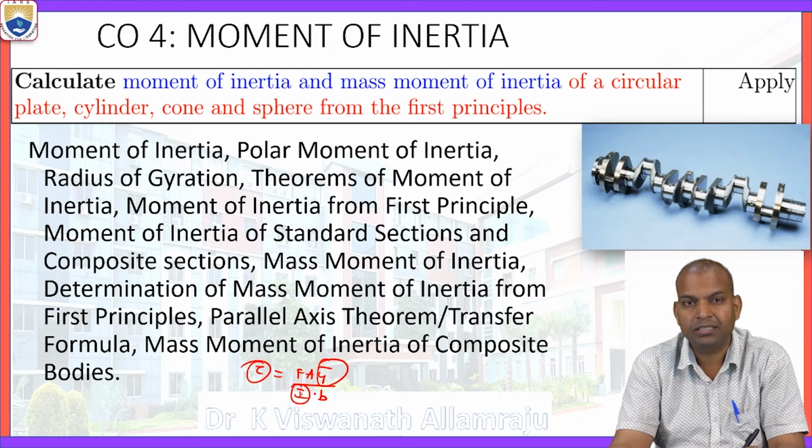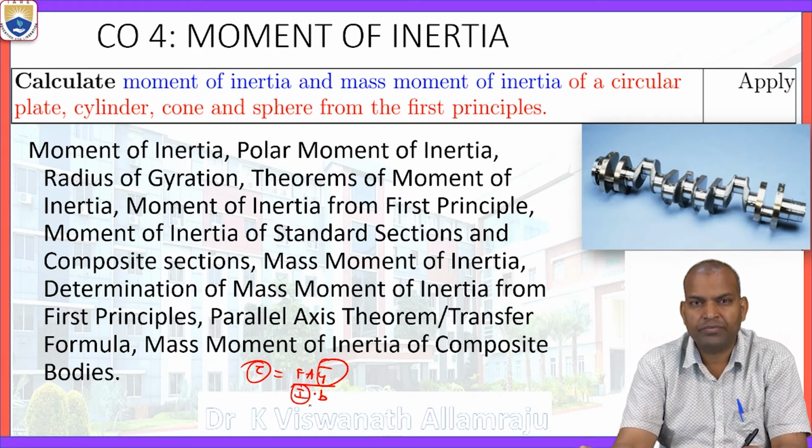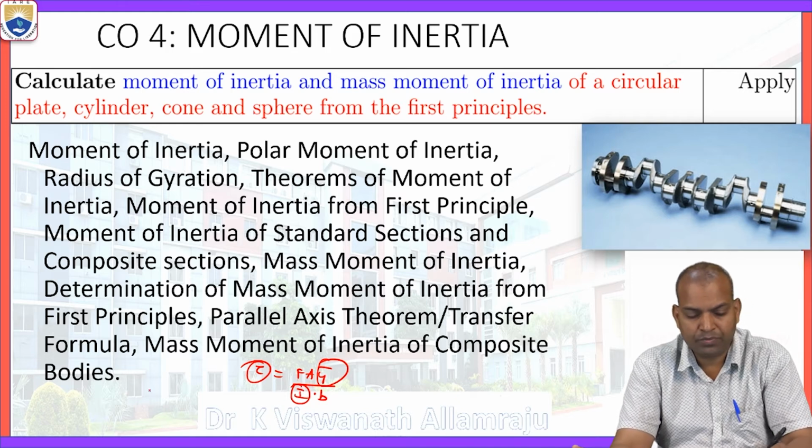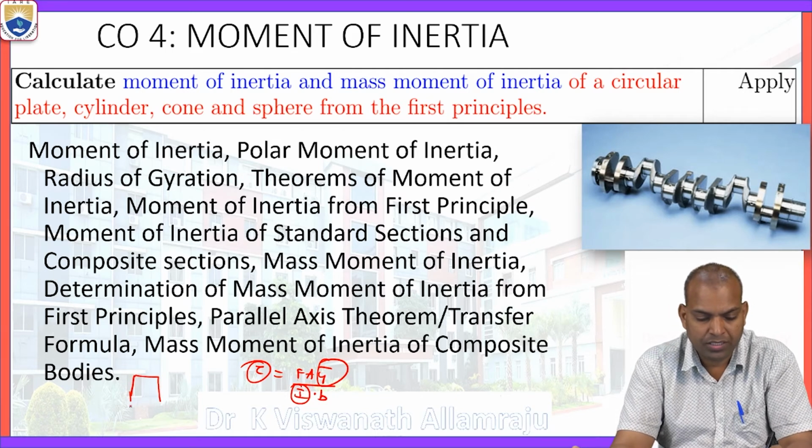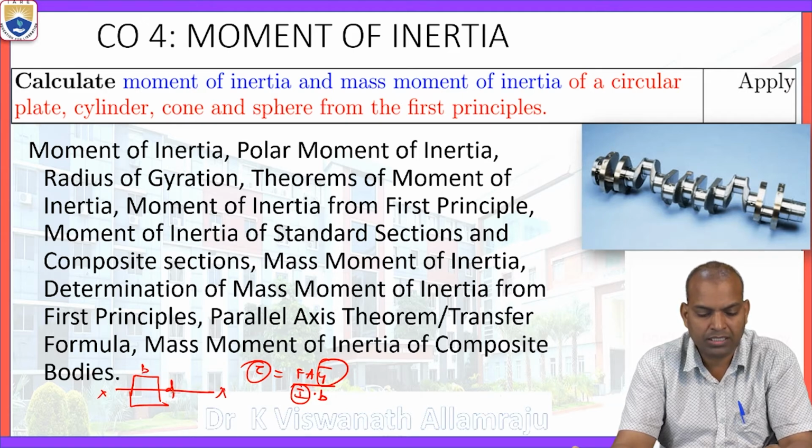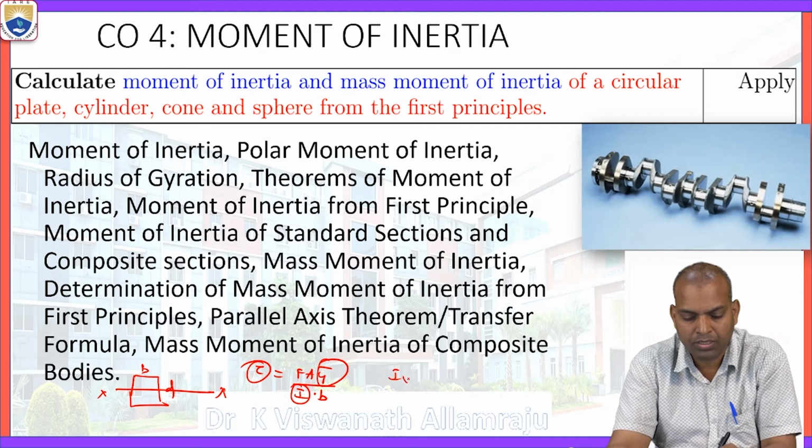What is I? This I is again the area moment of inertia. How to find it? For simple cross sections, with width B and depth D, about the neutral axis parallel to the x-axis, Ixx equals B D cube by 12.